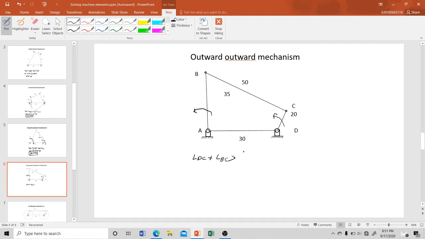It is greater than the sum of link AB, 35, plus length AD. Length DC plus length BC is 20 plus 50, which is 70, then length AB, 35, plus length AD, 30, is 65.